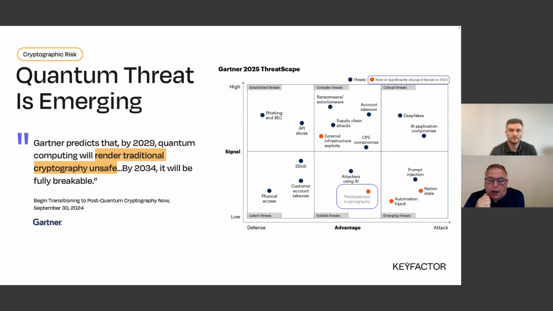At the end of the day, the net result is predictions are somewhere around 2029 to 2034. In that range, there will be a quantum computer capable of breaking traditional algorithms. And it's not just to make a key length bigger necessarily.